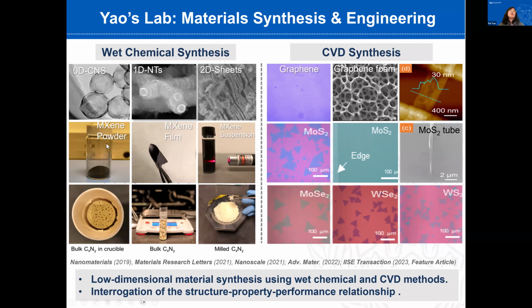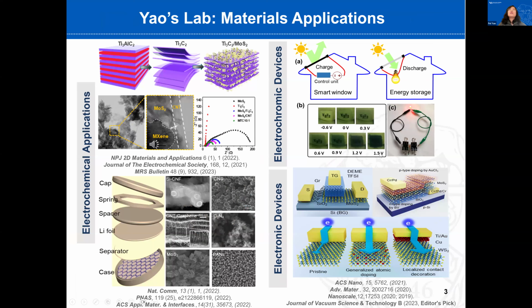For example, here are MXenes synthesized by a solution-based technique, and we can produce powders, thin films, as well as suspensions. As for the CVD synthesis, we produce atomically thin, high-quality graphene as well as transition metal dichalcogenides. And using these materials, we target different applications.